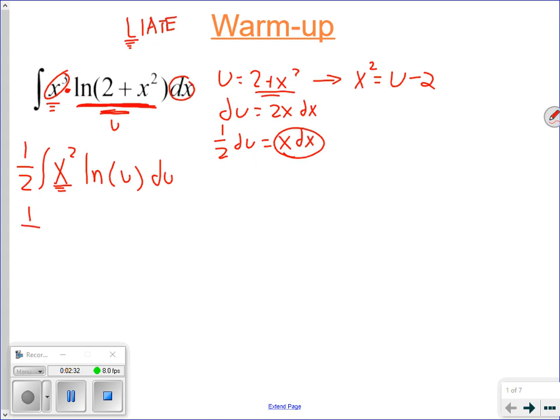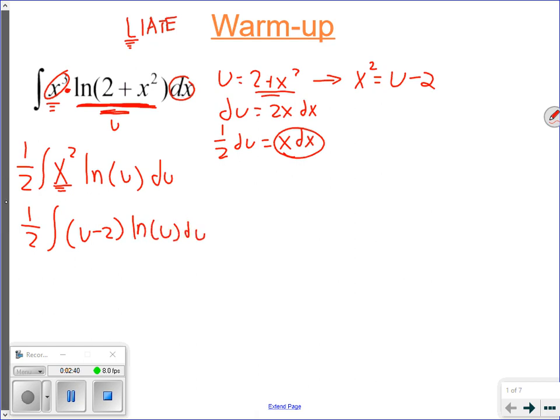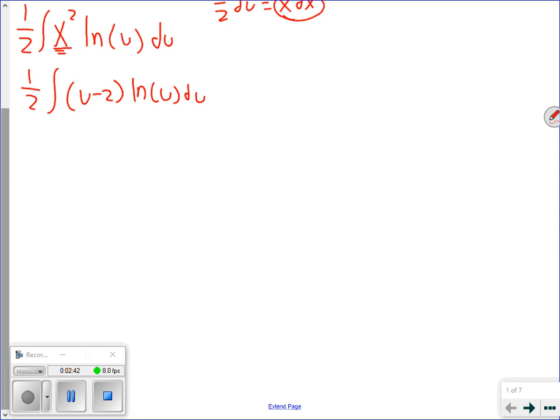So I can really say this is the integral of u minus 2 times ln of u du. And I think doing this u substitution will make integration by parts a lot easier.